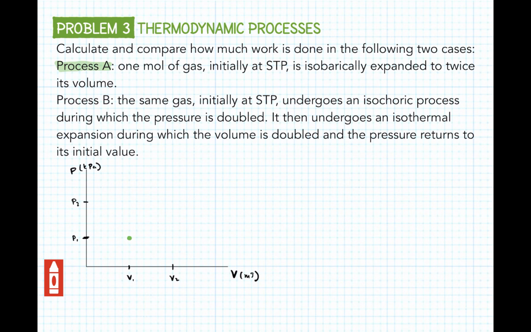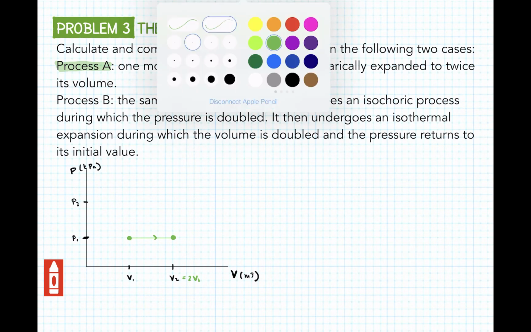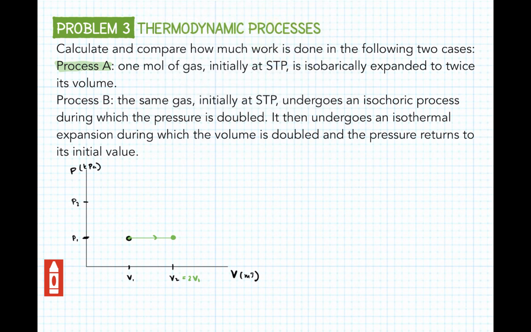We'll go into that in a minute. So we're starting here, and we isobarically expand, so that means constant pressure to twice the volume. So you could call this 2V1, and this is moving in this direction because we're going from a smaller volume to a bigger volume. That is an expansion. Okay, so here's our points.